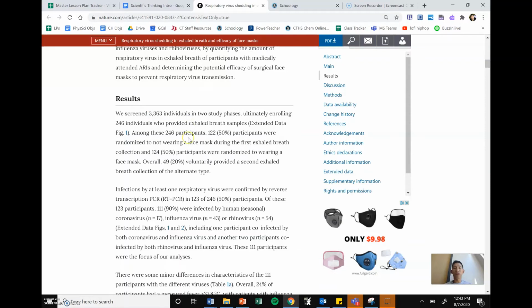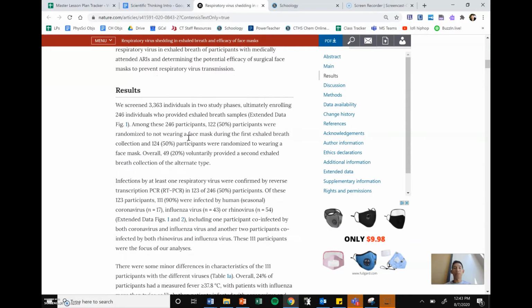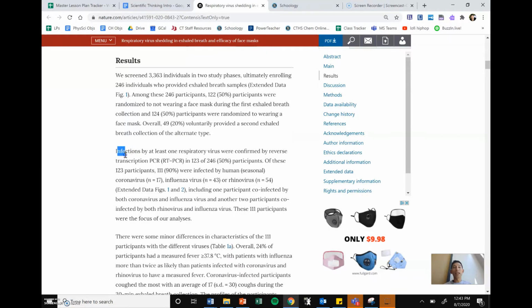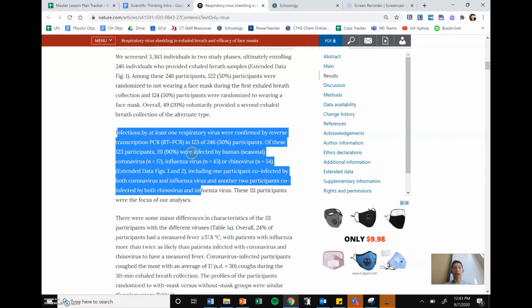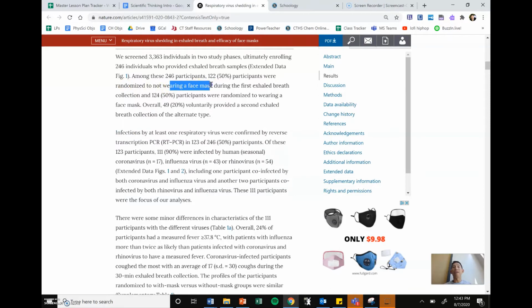So they took these individuals, and these were the participants. And they did a certain technique in order to confirm the presence of the virus. The independent variable was whether or not they were wearing a face mask. So they randomized these groups of participants.